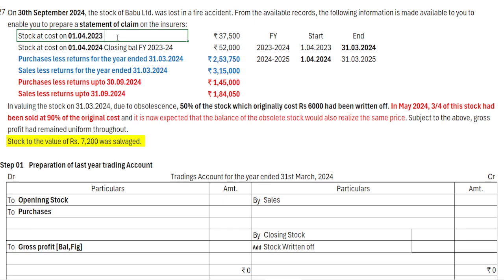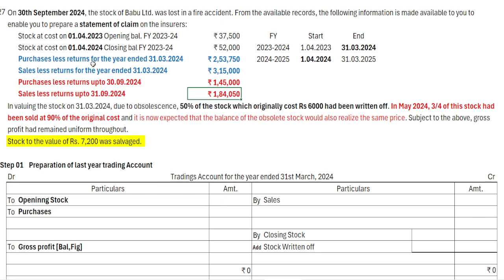This is the opening balance for the financial year 2023 and 24.